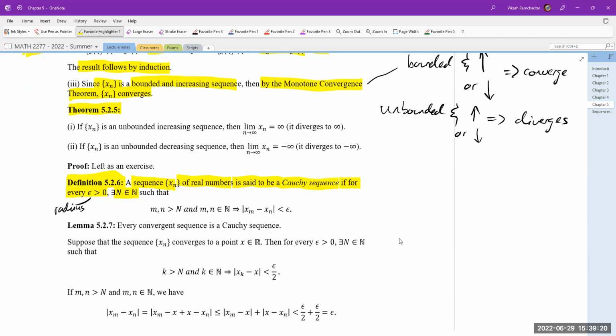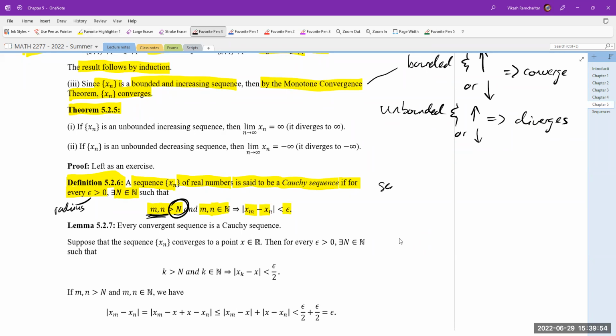There exists a natural number N such that for n bigger than capital N, but look, I have another term here. I have an m now. For a Cauchy sequence, there's this next guy, there's an m as well. So I have 2 natural numbers, such that if I take 2 natural numbers bigger than this N, the distance between these 2 terms is within epsilon.